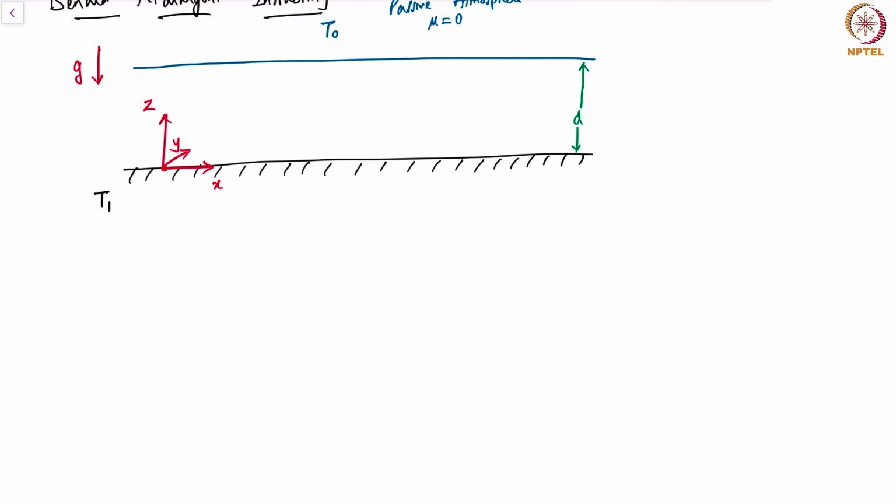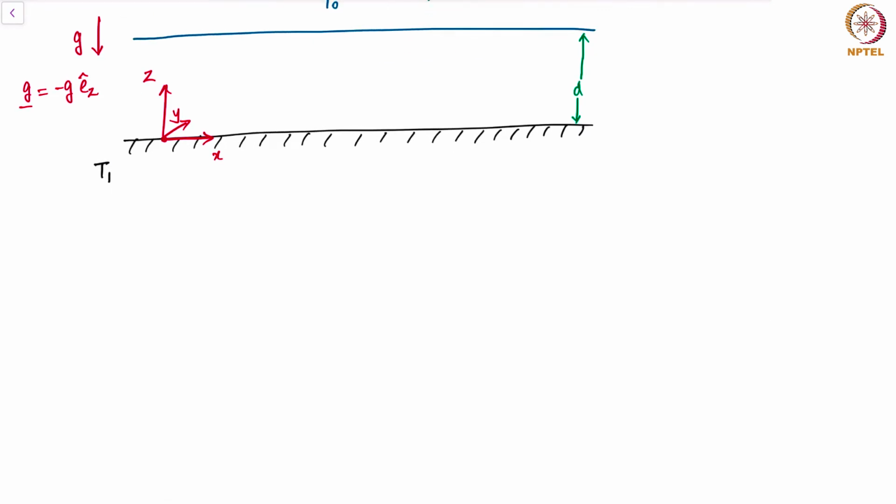The gravity vector g would be minus g times Ez, where Ez is the unit vector along the Z direction.